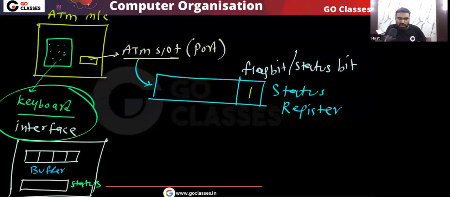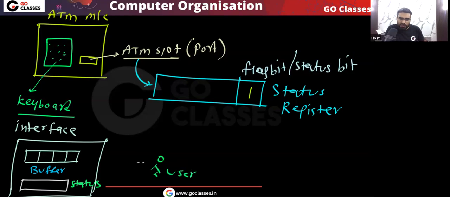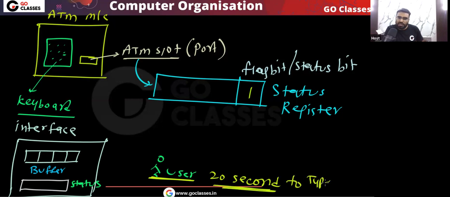Now the keyboard interface is asking the user to press the ATM pin. Let's assume the user is taking 20 seconds to type the pin.